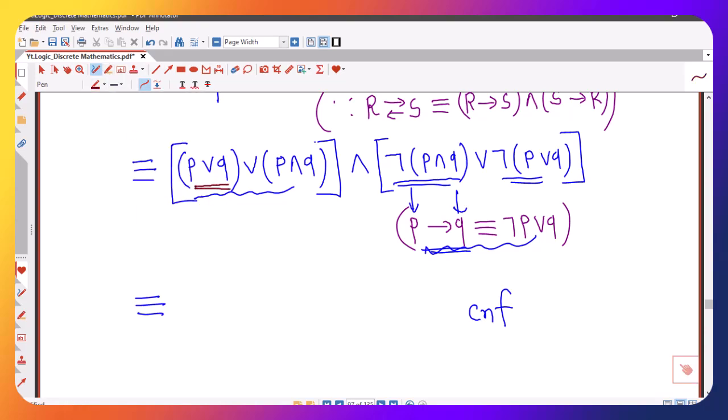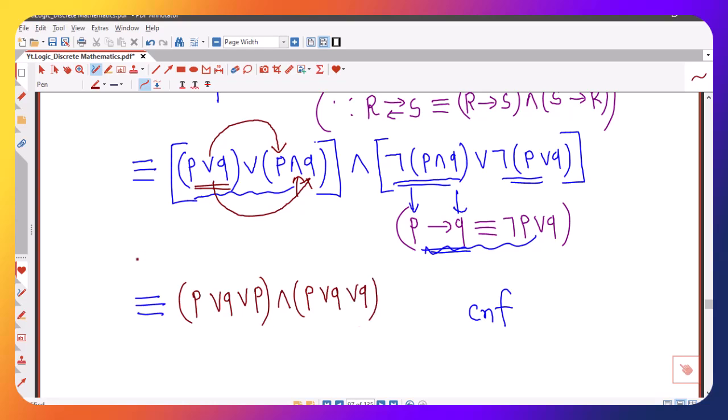I consider (P or Q) or (P and Q). I consider the first (P or Q) with P, that is I am writing in this way, (P or Q or P), and this AND operator I am writing in between. Then I will consider (P or Q or Q). So this is using the distributive law.